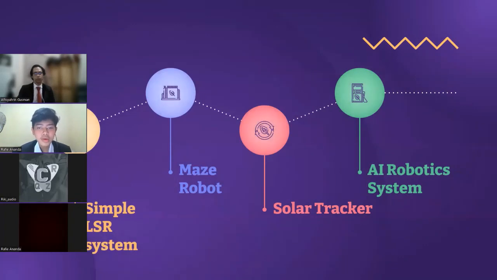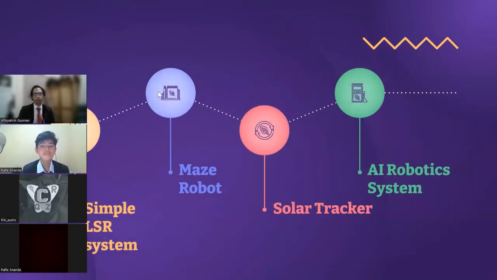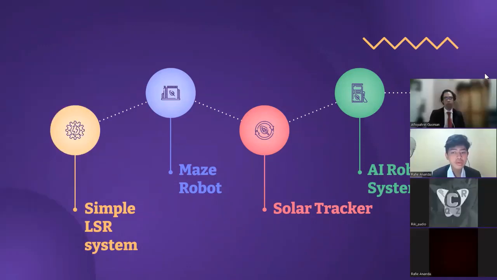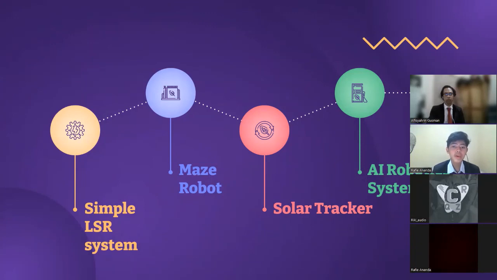The next step is the future step if the simple LSR program is developed further. This is the state of the program that we created. The first is the simple LSR system, which is the first step that we are making.